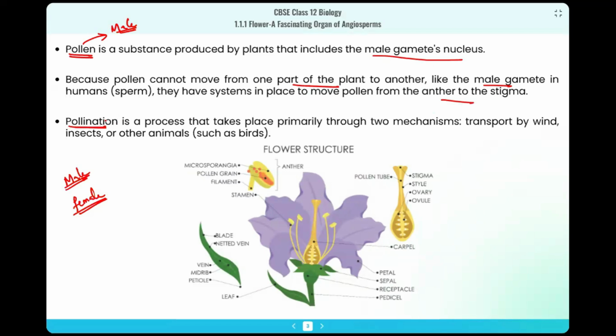Pollination takes place primarily through two mechanisms: by wind, that is wind pollination, and by insects or other animals such as birds. This is an easy mechanism we know, the process by which pollen grains are transferred from one flower to another, in the same plant or different plants, isn't it?